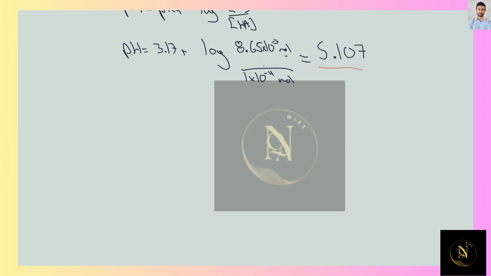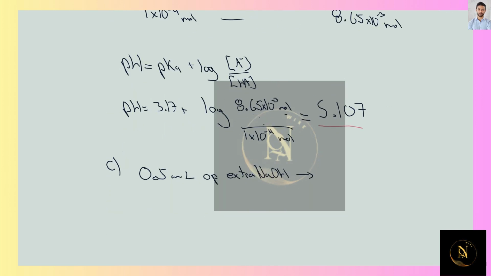So in 0.5 milliliters, so this is part D, of extra NaOH, the amount of moles is 0.5 times 10 to the minus 3 times my concentration, which was 0.1998 molar.